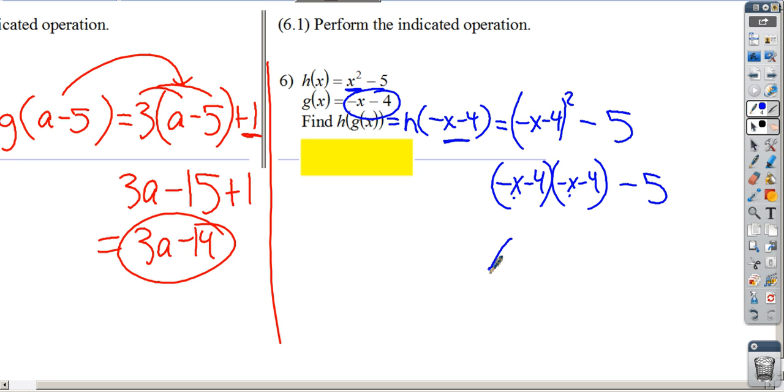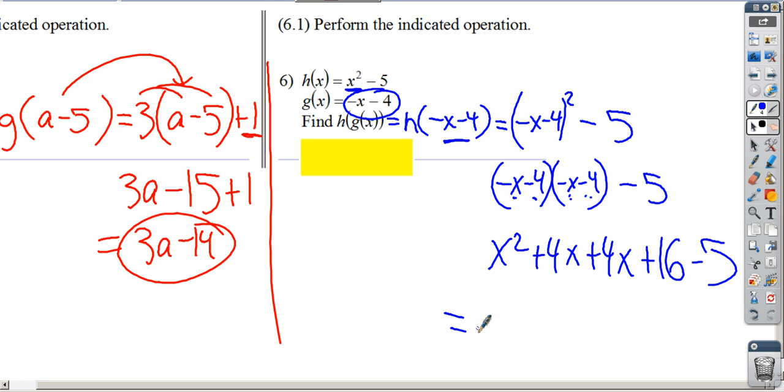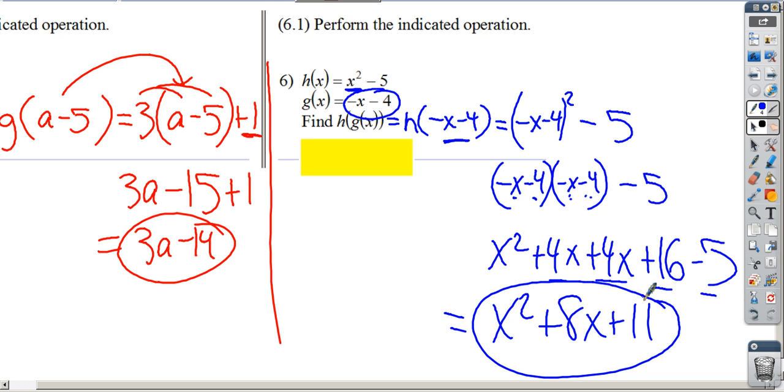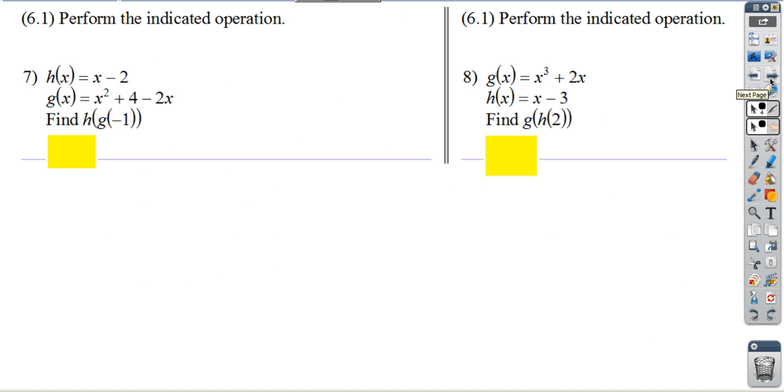Negative x times negative x is x squared. Negative x times negative 4 is plus 4x. This inside term will also be plus 4x. And then negative 4 times negative 4 is plus 16. And here's the last answer. X squared plus 4x is plus 8x. 16 minus 5 is positive 11. So that is the simplified answer for that one, number 6.